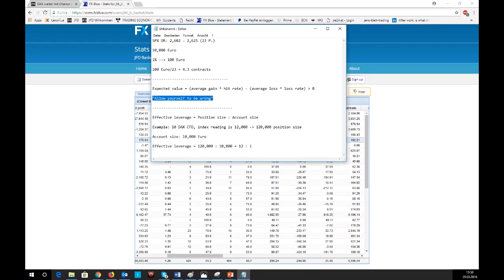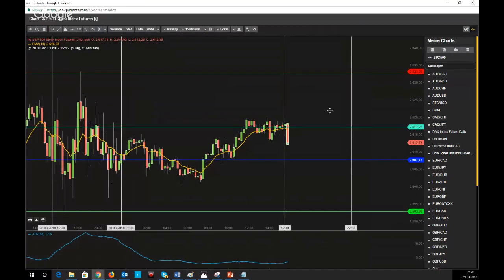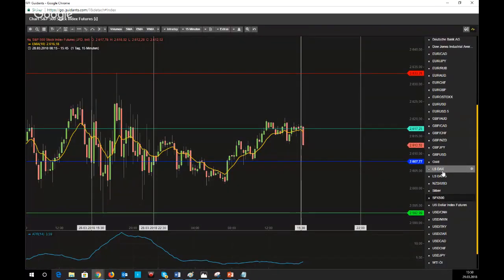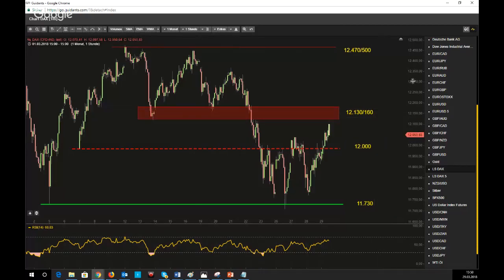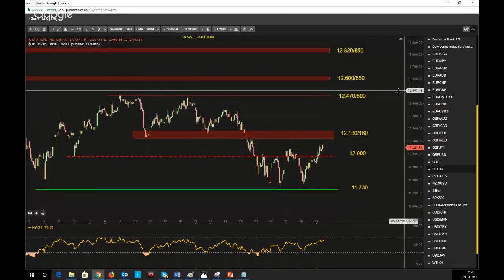What are my projections for next week? So all in all, I'm in fact very short-term oriented, which means I can give you an idea of what I expect, for example, for my main traded asset, which is the DAX. So I think the DAX has some room, even though right now some selling pressure is building.